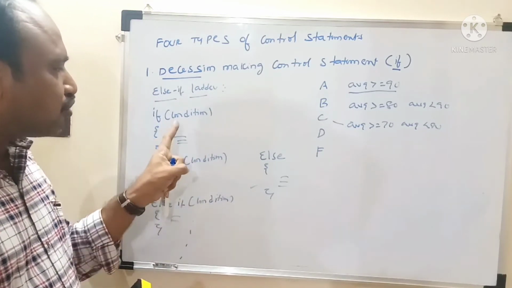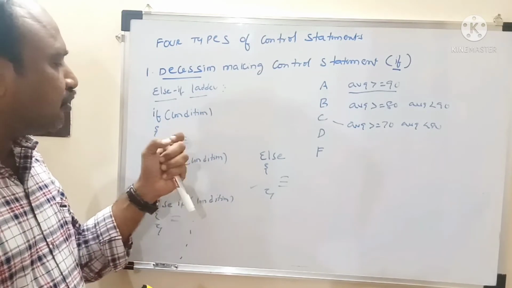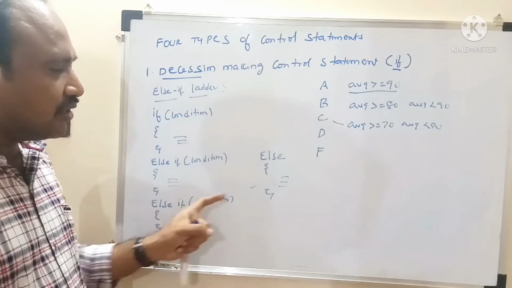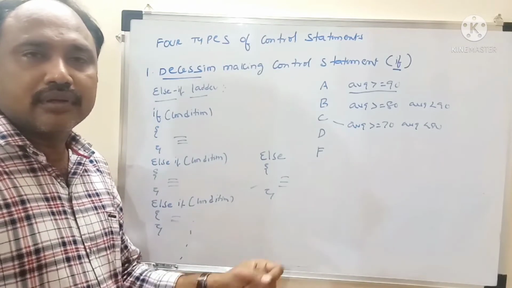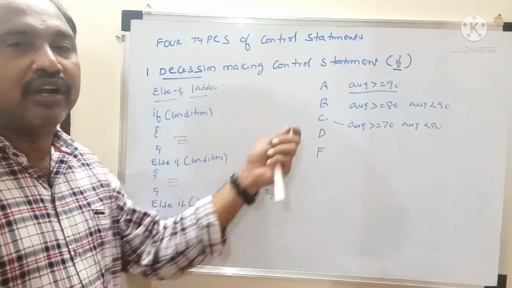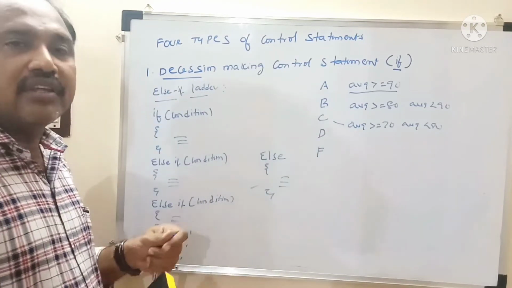Suppose I am consuming so and so units, my condition is satisfied here, then this much amount will be allocated. If all are false, then the minimum balance will be charged. Especially to evaluate student grade and electricity bill type problems, we use this else if ladder.